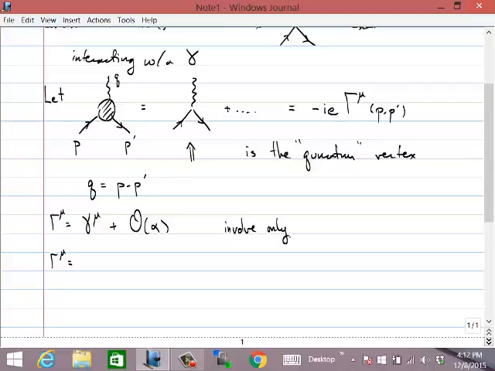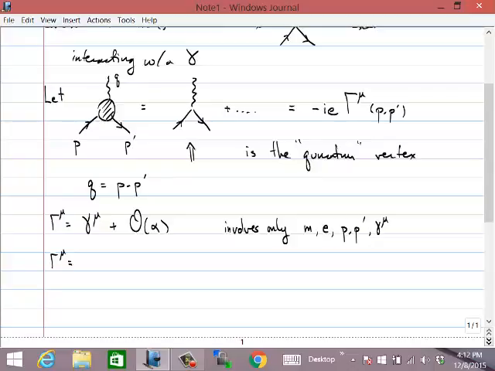So in particular, it is built only out of the mass of the electron, the electric charge e, as well as the various momenta p, p prime, and q. And of course, we don't need to write q separately because it's just p minus p prime, as well as this gamma matrix.